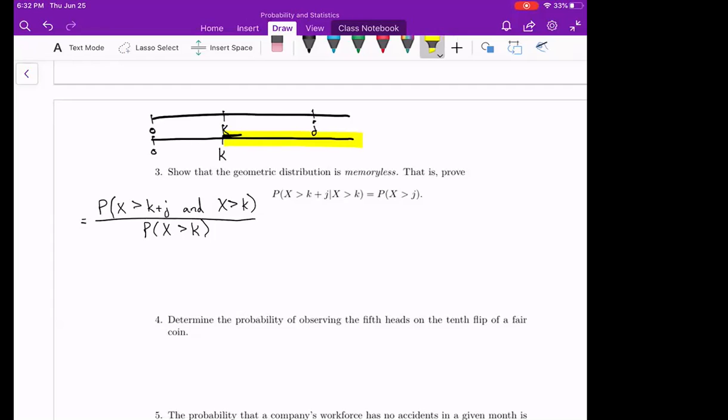X greater than K plus J is going to be this region here. So what area, what region do they have in common?